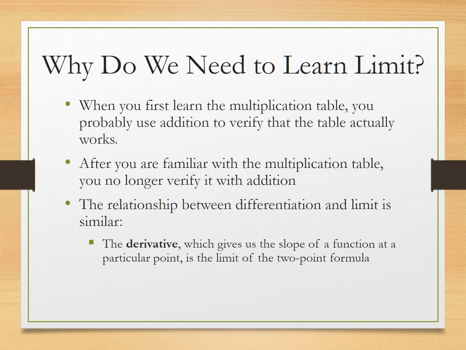Newton was trying to figure out the slope of a curve, the rate of change of a function. Back before calculus, all people knew was the two-point formula. So Newton was trying to figure out how you go from the two-point formula to a way that you can figure out the slope of a function at any point you need. Limit. So the limit of the two-point formula. You need limit to derive the derivative.